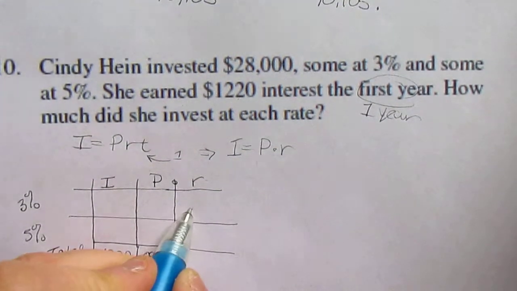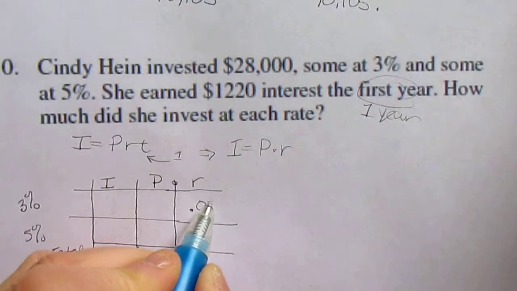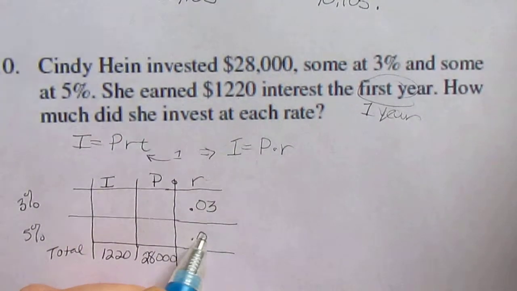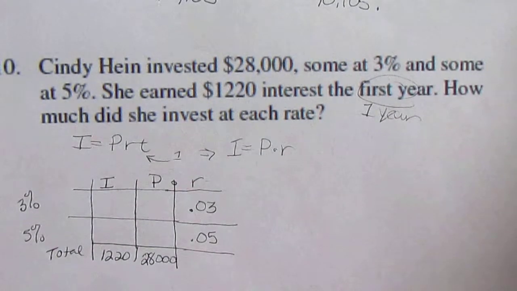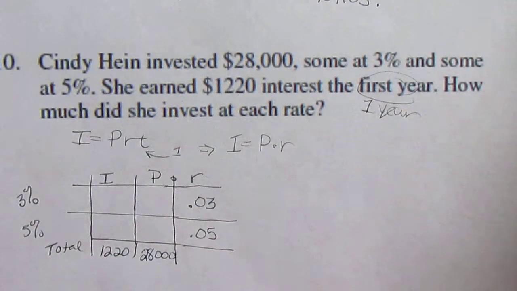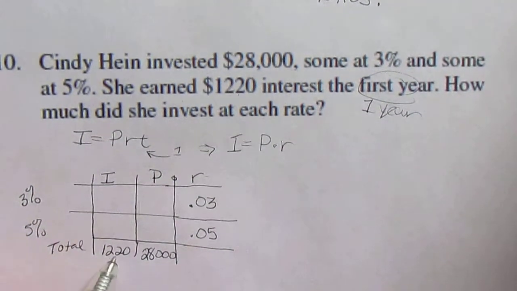And we do know the rate, as a decimal, of course. 3% rate and the 5% rate. So what is this $12.20? How much did she earn?